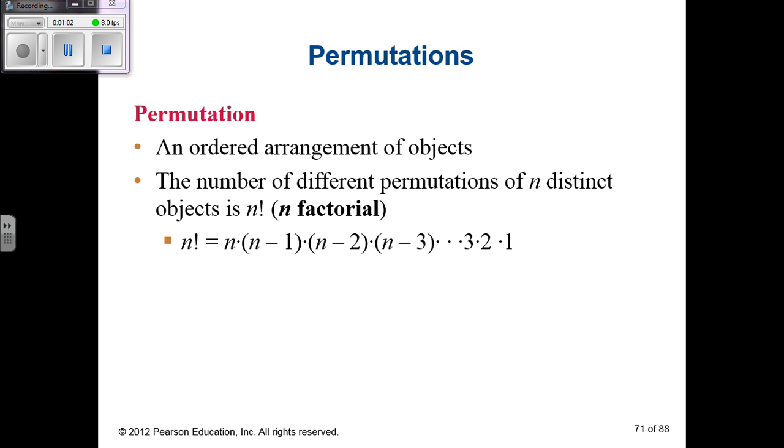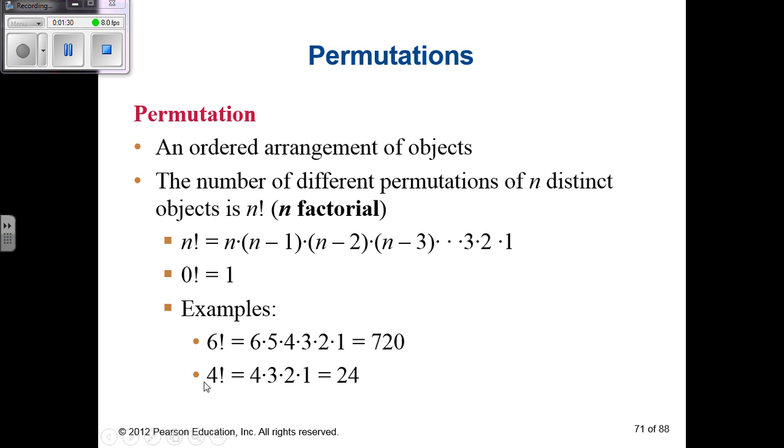It is equal to n times n minus 1 times n minus 2 times n minus 3, and so forth until you get down to 3 times 2 times 1. 0 factorial is 1, and so is 1 factorial. But for example, 6 factorial would be 6 times 5 times 4 times 3 times 2 times 1, which is 720, and 4 factorial is 4 times 3 times 2 times 1.